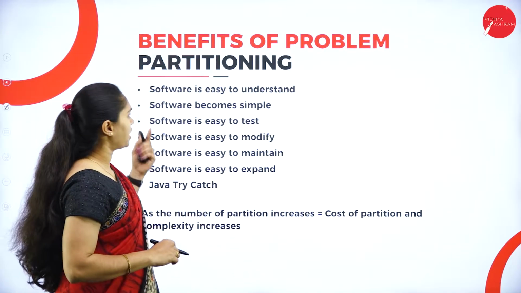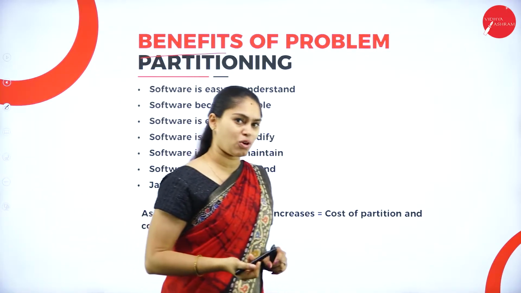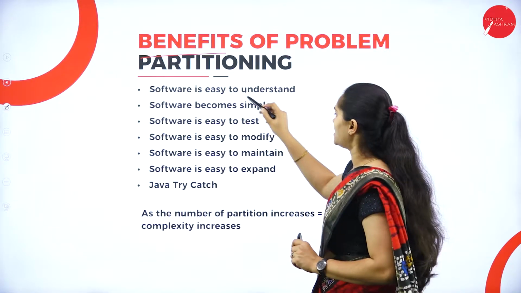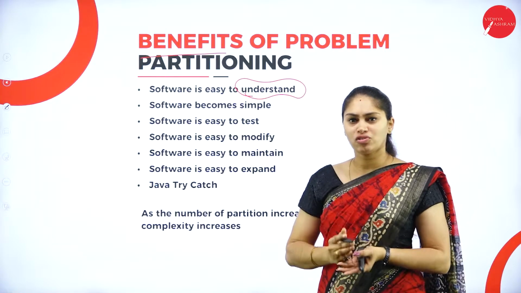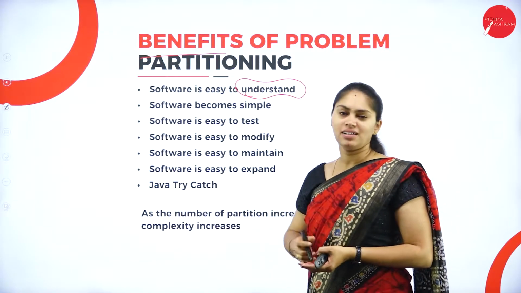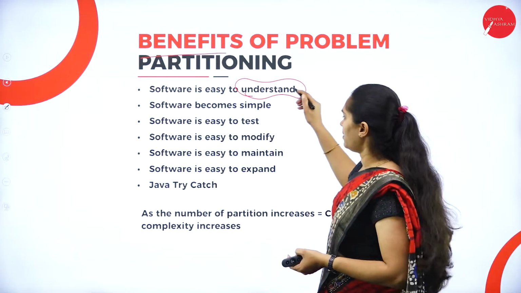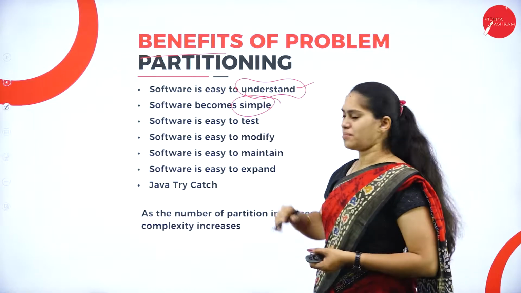After that, next, what are the benefits that we can expect when we are partitioning the problem? Here you can see some of the benefits. Software is easy to understand. Instead of learning it as a bulk amount of complex tasks, if we have divided it into a number of sub-problems, it will be easy to understand, and the software also becomes simple.